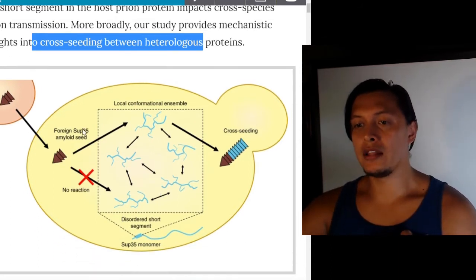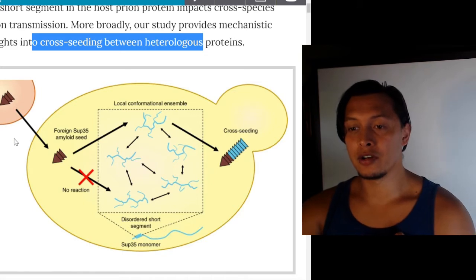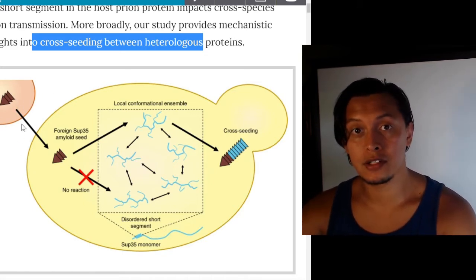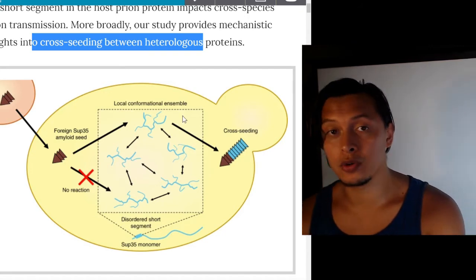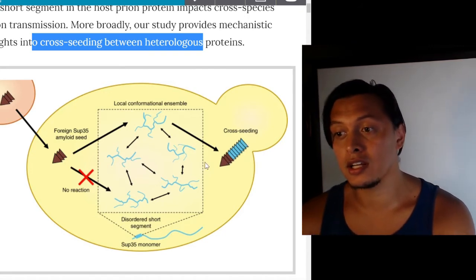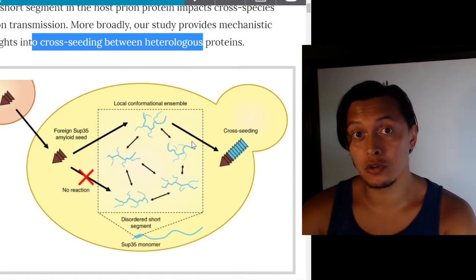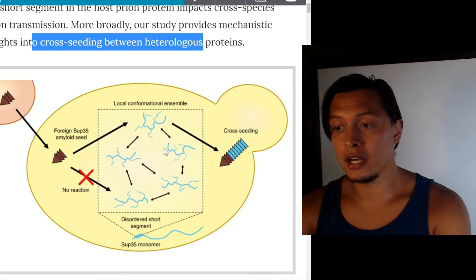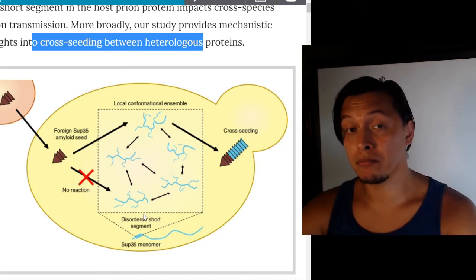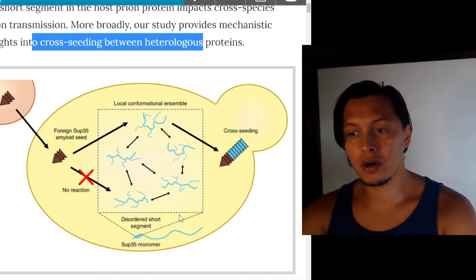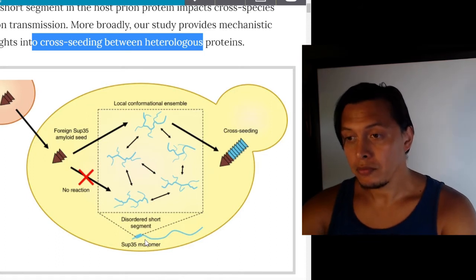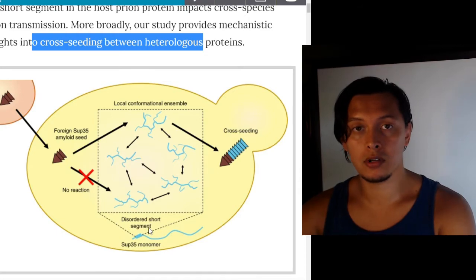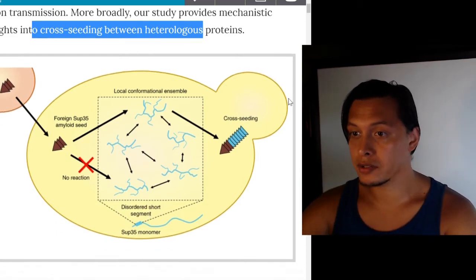So this is what they're calling the SUP35s, and I don't know exactly what it's used for, but just know if you have these prions in one yeast, they can get into another yeast and cause this seeding, or they could be causing this nucleation site for these soluble proteins to fall out of solution. And apparently, the most important part isn't the entire protein, but rather just a small part of the protein, a small amino acid sequence that is doing this.